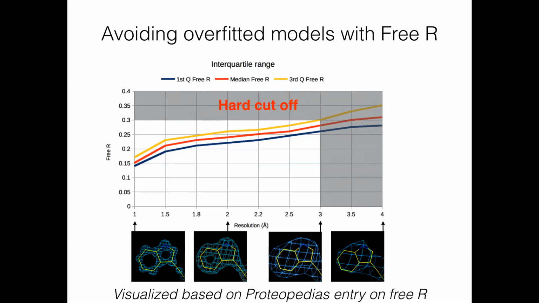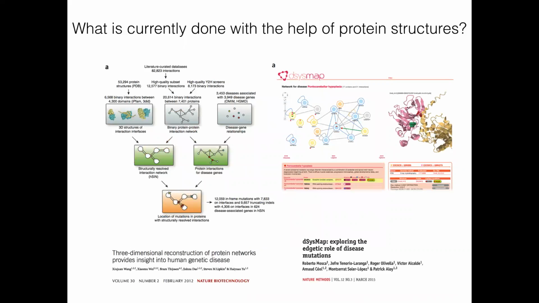So what is currently being done with the protein structures? I just want to highlight these two to show that there are actually some really good existing efforts out there already.